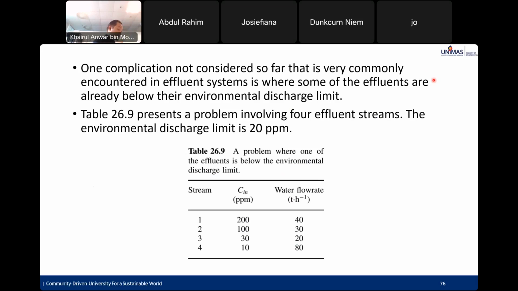So one complication not considered so far that is very commonly encountered in effluent systems is that some of the effluent streams are already below their environmental discharge limit.